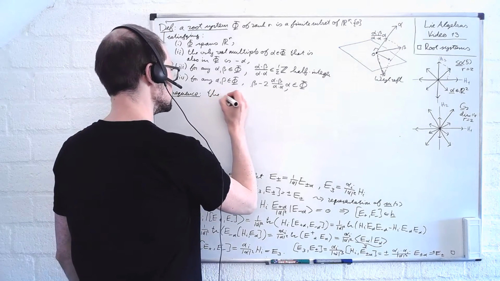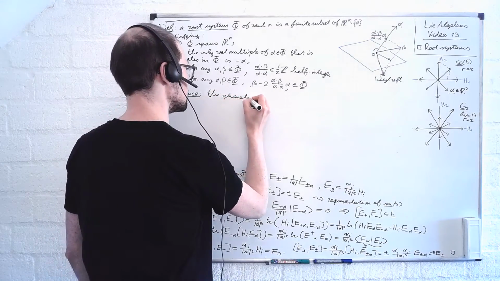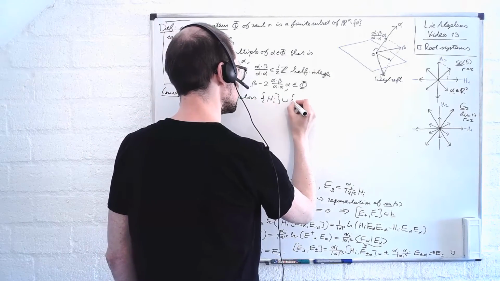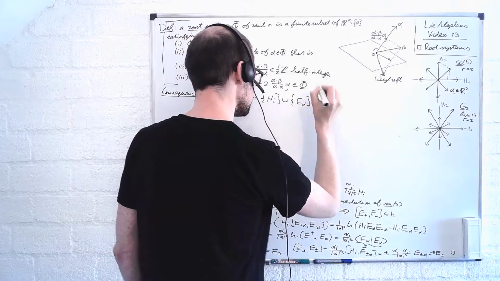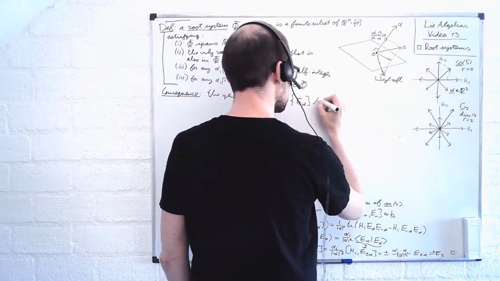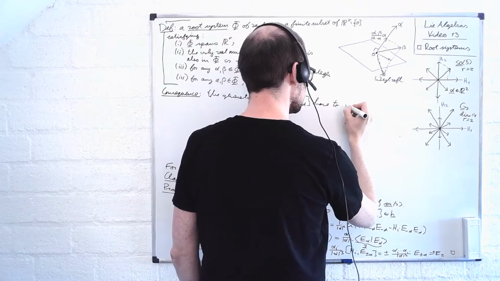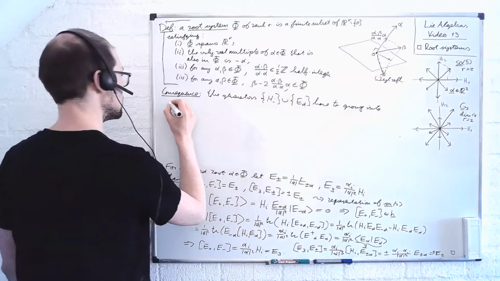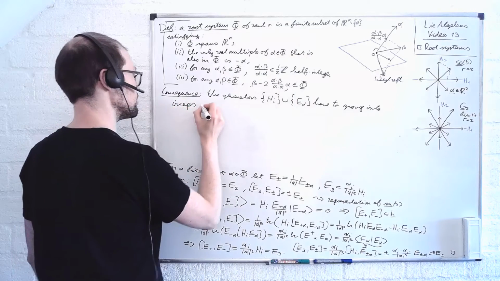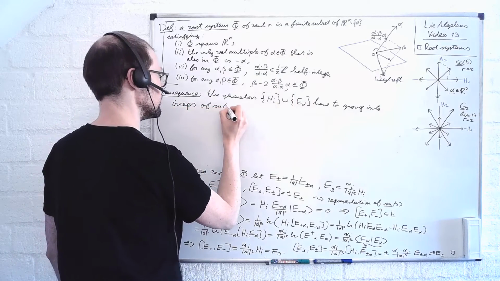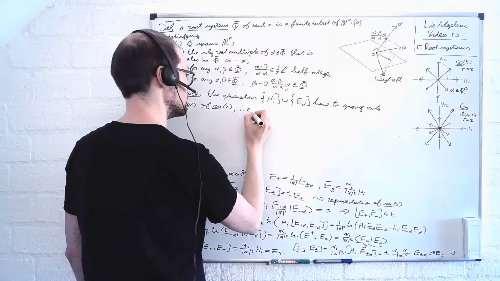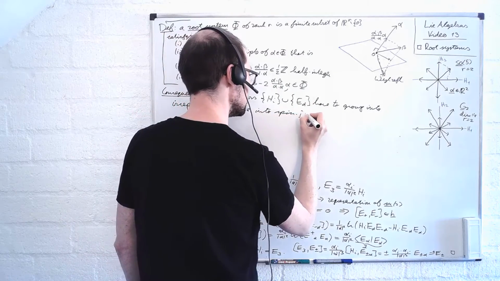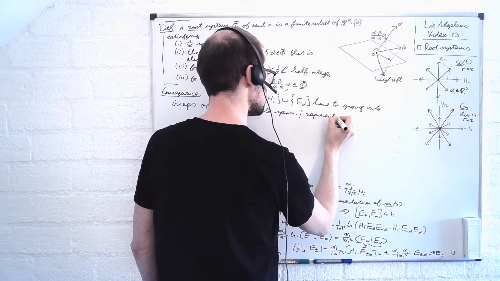So the generators Hi and E alpha have to group into irreducible representations of SU(2), so into spin J representations.